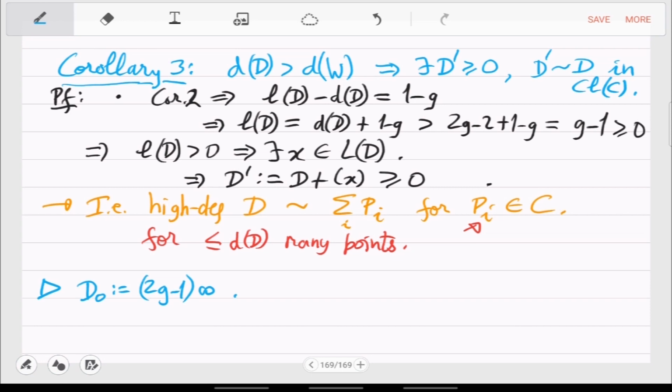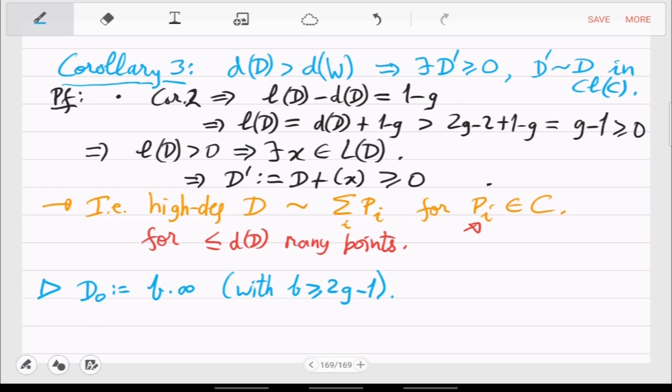Okay, you may ask, we don't know genus, but we showed an upper bound like D square. So there is some upper bound that you know. Let's use the bound B. Yeah, so start with a divisor which is just infinity multiplied by a big enough number, can be degree square for your curve, and compute LD0 minus DD0.